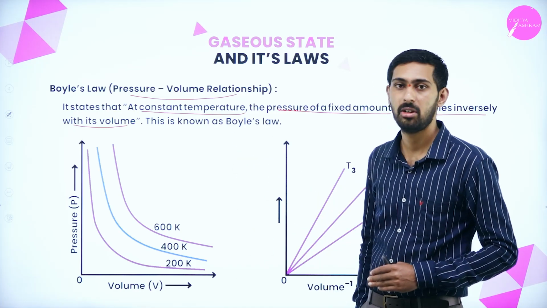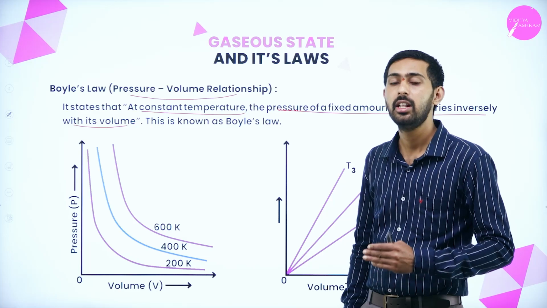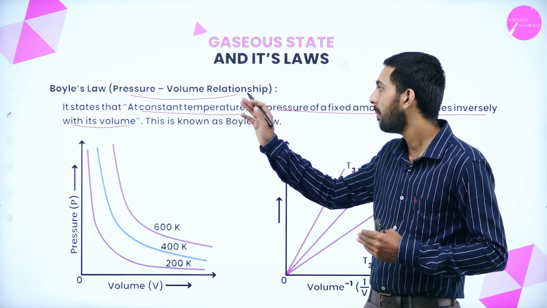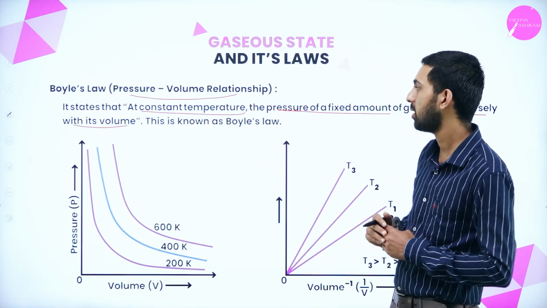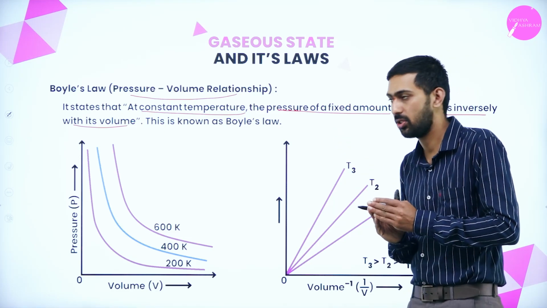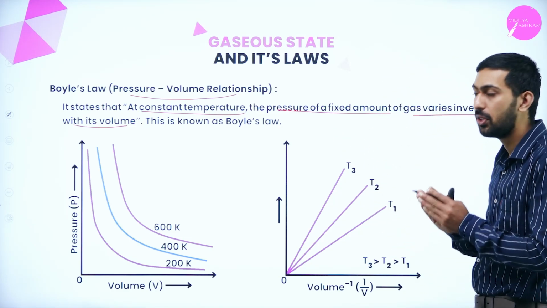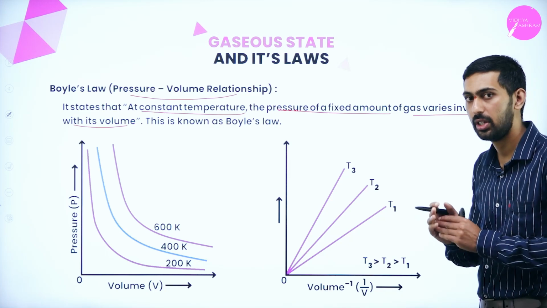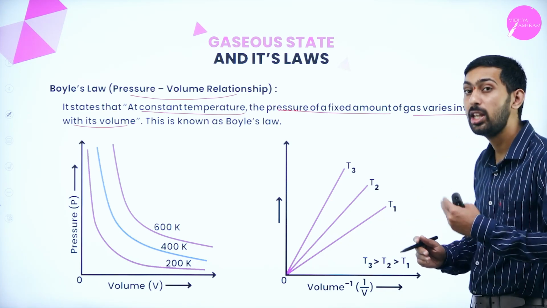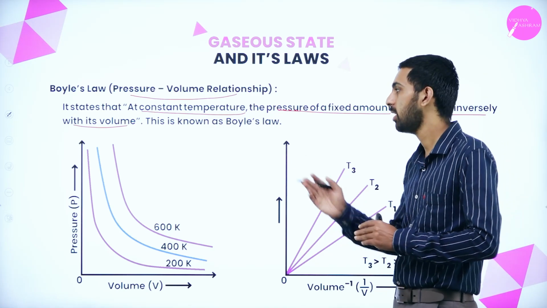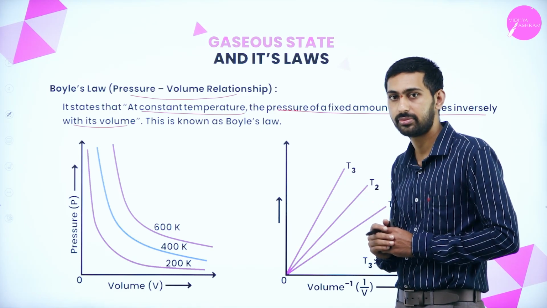This is known as Boyle's law. First thing we have to say, at constant temperature, pressure of a fixed amount of gas varies inversely with its volume. Then it is called Boyle's law.